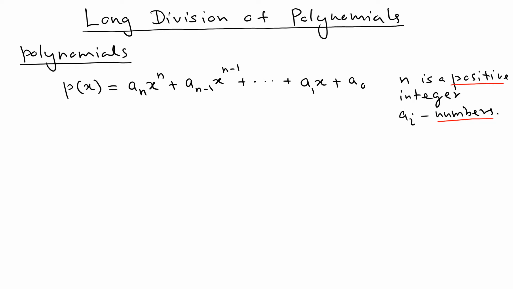So there are a few terms that we need to know. This n, the largest power, is what we call the degree of the polynomial.